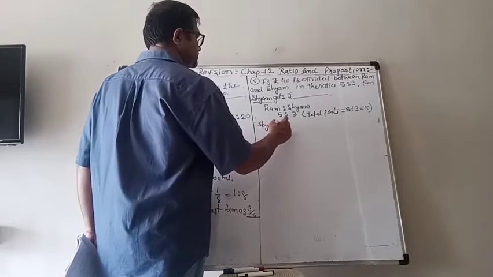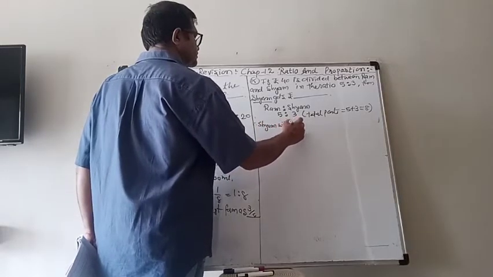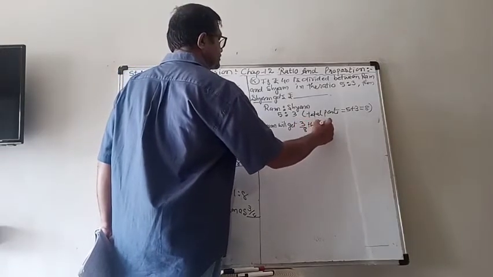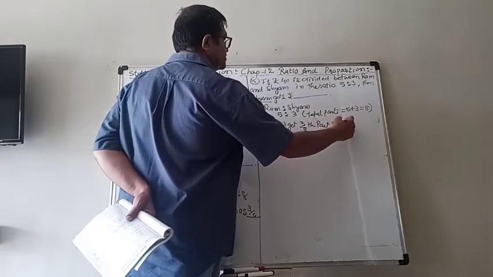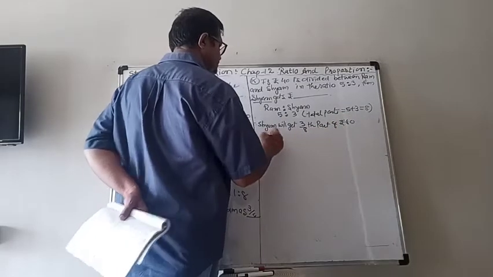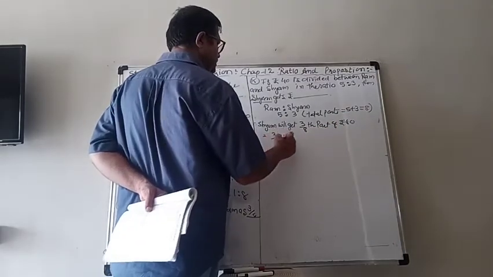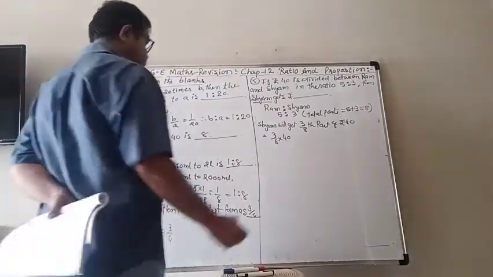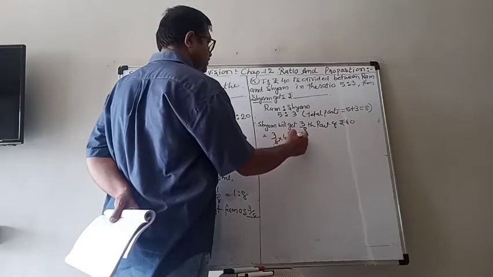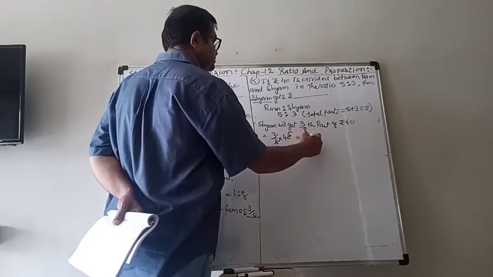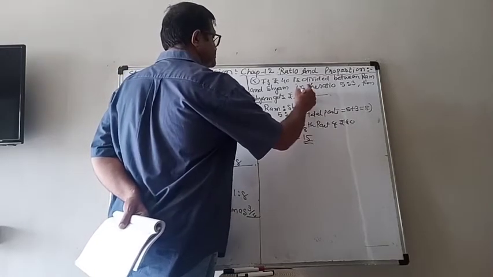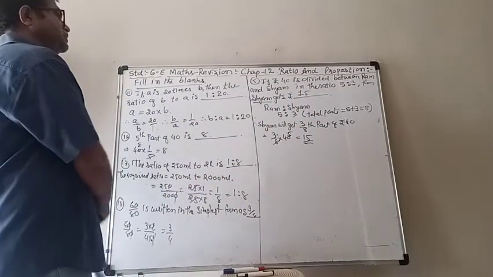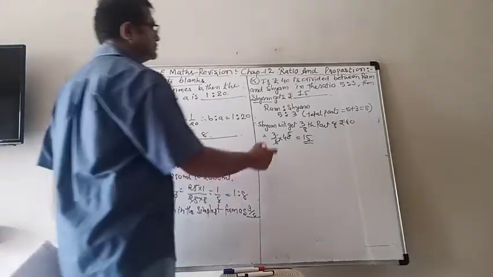Therefore Shyam will get 3/8 part of rupees 40. That is 3/8 multiplied by 40. 8 5s are 40, so 3 5s are 15. So Shyam will get 15 rupees out of that 40 rupees.